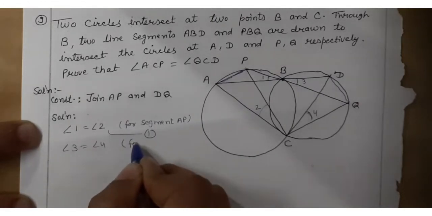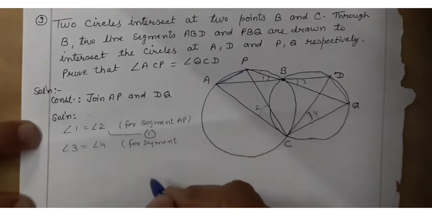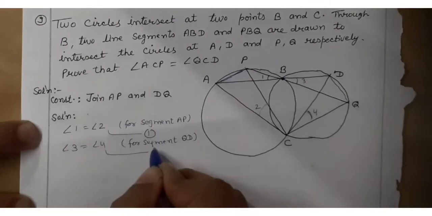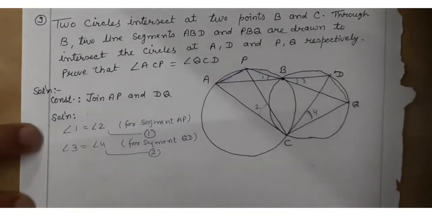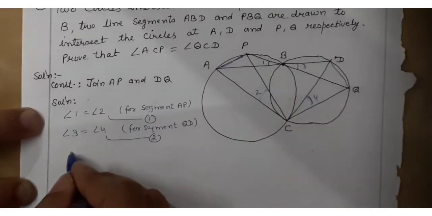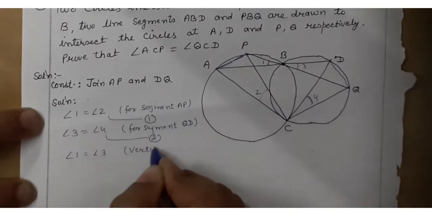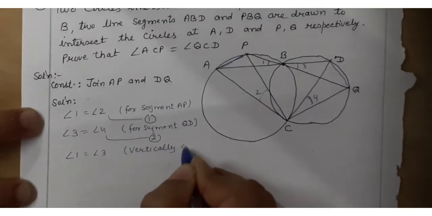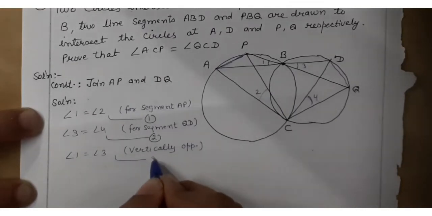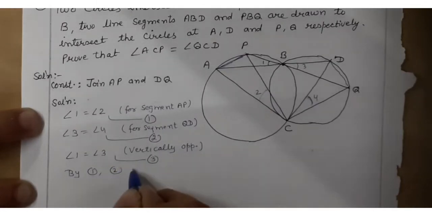This is for segment, what is the name of the segment? QD. This is 2. But what we know, angle 1 equal to angle 3, vertically opposite angles. Okay, this is equation number 3. Then by 1, 2 and 3, what you can say?